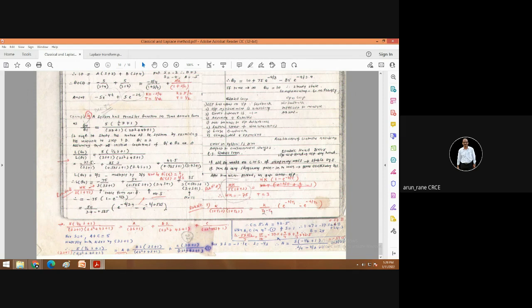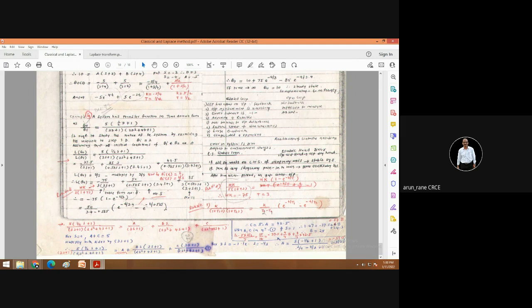So 37.5 into 2, 75 upon S, 25 into 2, 50, again upon S you have, here you have S, and same 42.5 into 2, 85, and again you have S here. So everywhere you have S. Now you have to compare now S into 3S plus 1.